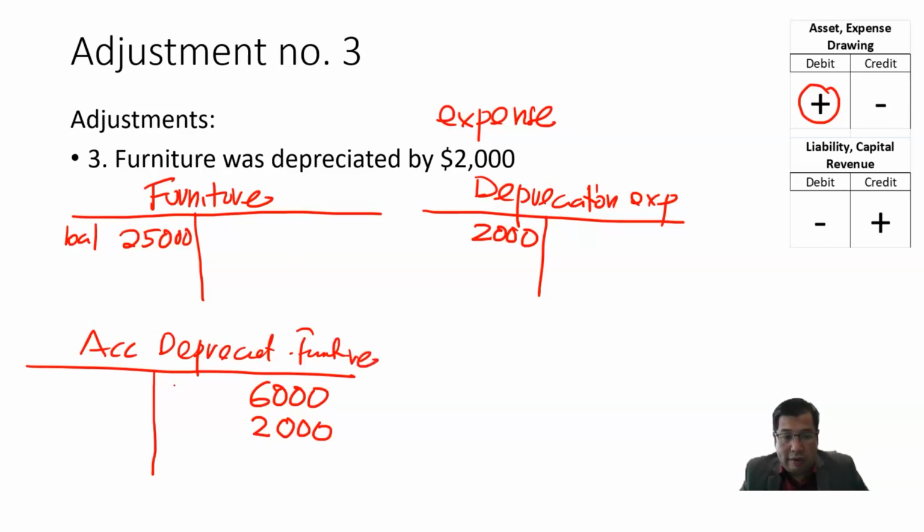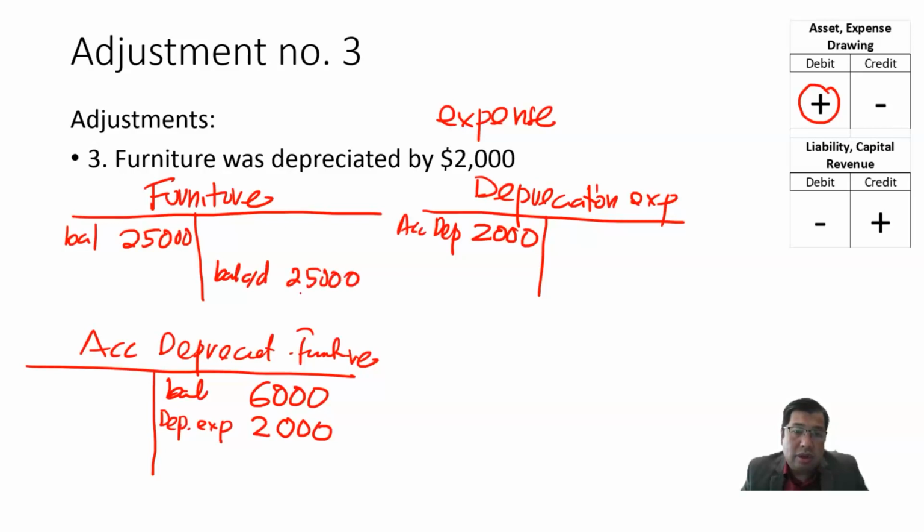So this is where we already have the balance of 6,000. This is our current year. I'm going to put here depreciation expense. I'm going to put here accumulated depreciation account. So what is the cost of your furniture? Still 25,000. The balance c/d is still 25,000. This is the cost of furniture when you purchase the asset.